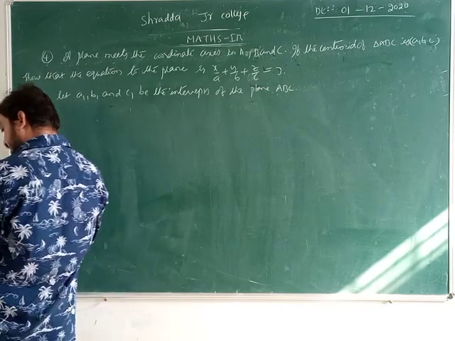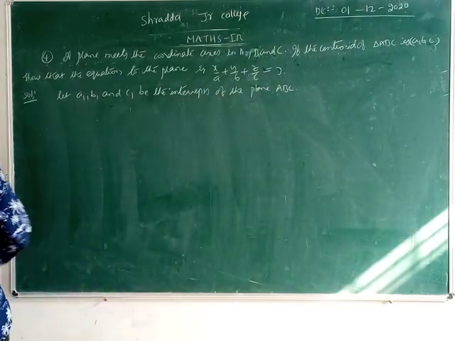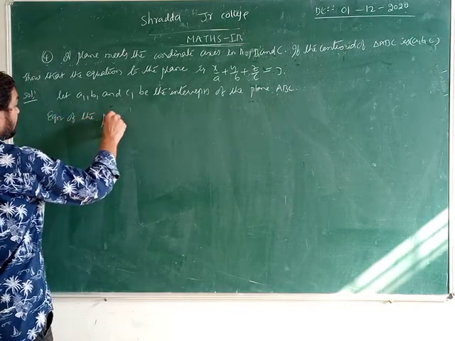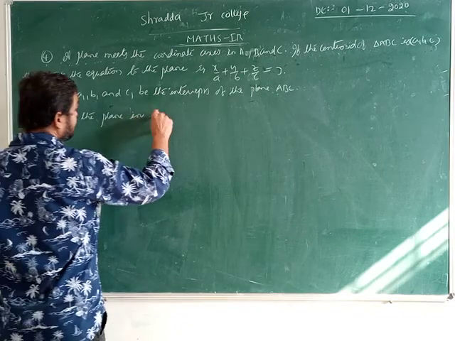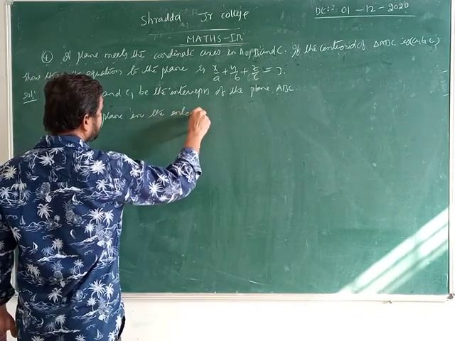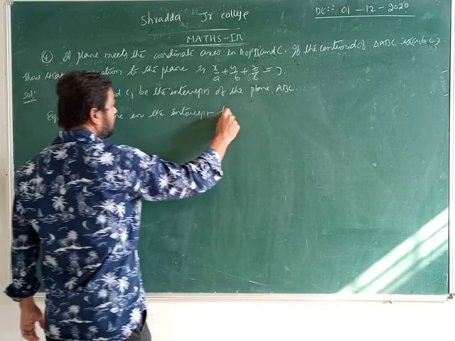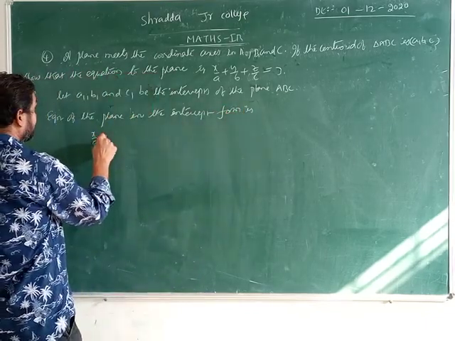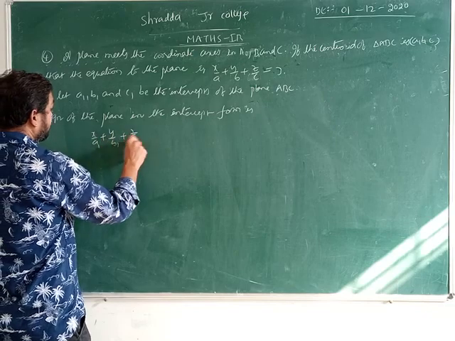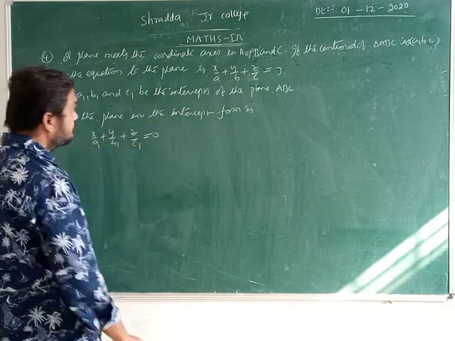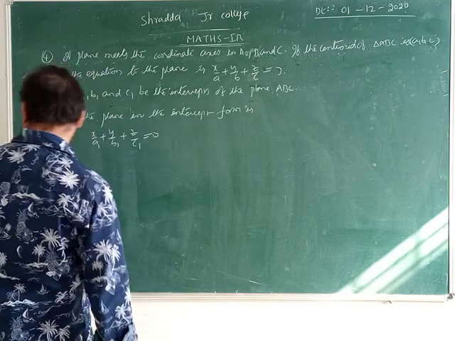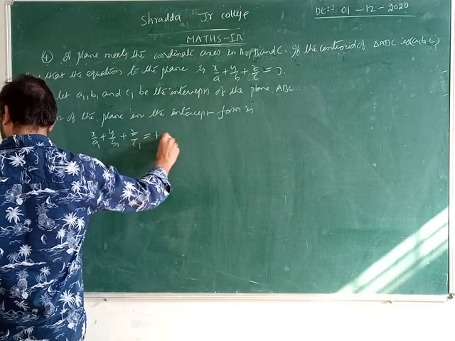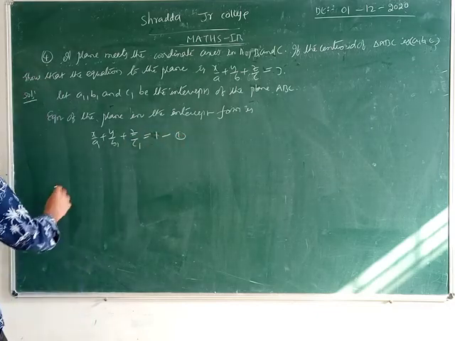The equation of the plane in the intercept form is x by a1 plus y by b1 plus z by c1 equals 1. Okay, this is equation number 1.